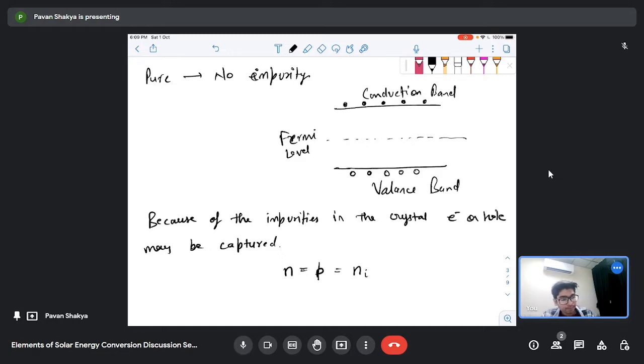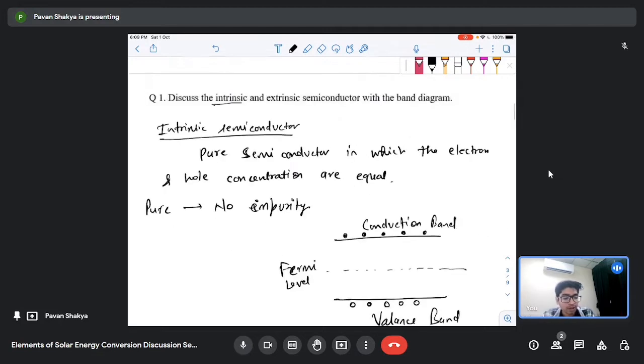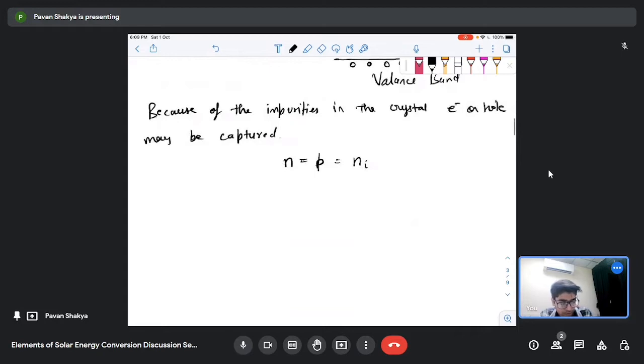So now let's move to the extrinsic semiconductor. In the extrinsic semiconductor, there may be two types.